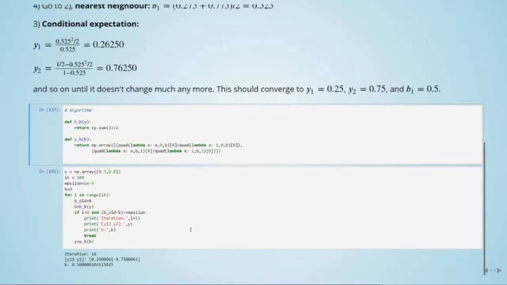So when we run this, we see that after 14 iterations, we have that y1 is equal to 0.25, so it converges to this value as we said before. y2 converges to 0.75, and b converges to 0.5. So this is a very rudimentary implementation of this algorithm to give you some sense of how it's working.